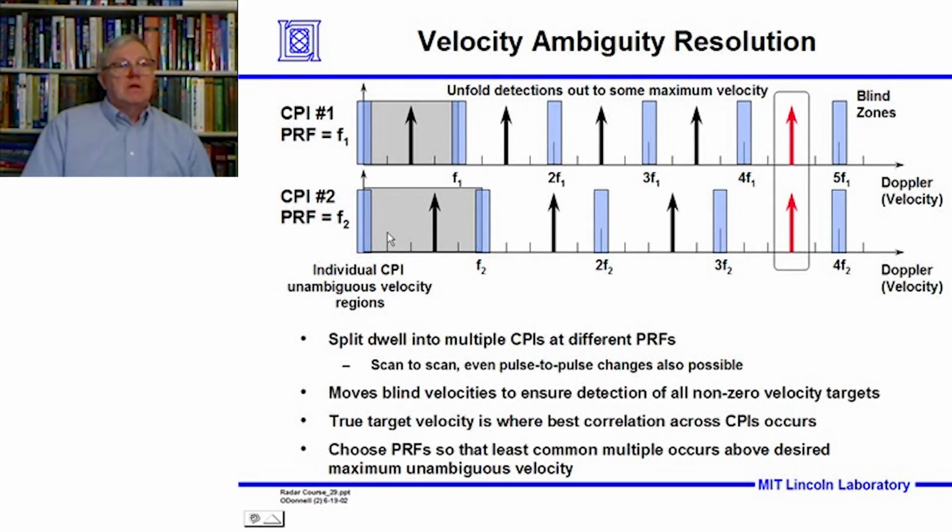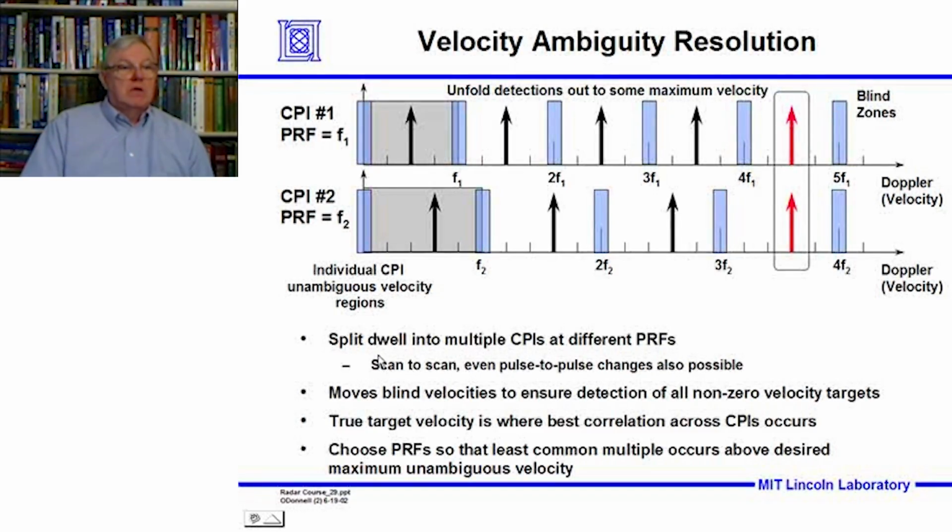From looking at the difference of where the target appears, one can unravel this to find out what the real Doppler velocity of the target was. Because we know if the real target velocity was down in here and it was unambiguous, it would show up in the same Doppler bin in each case, and it would be in a different bin if the real Doppler velocity was here.